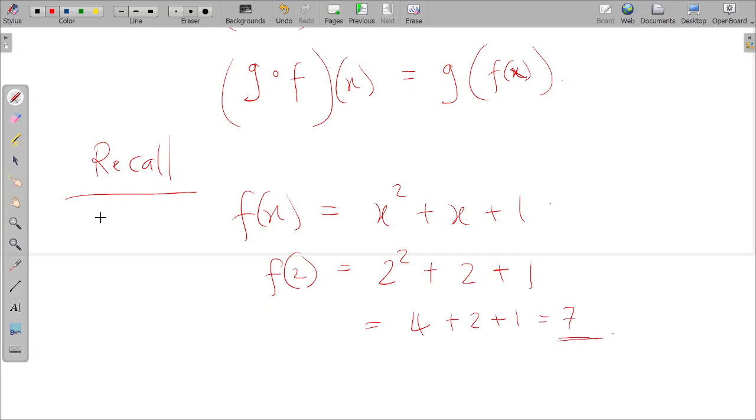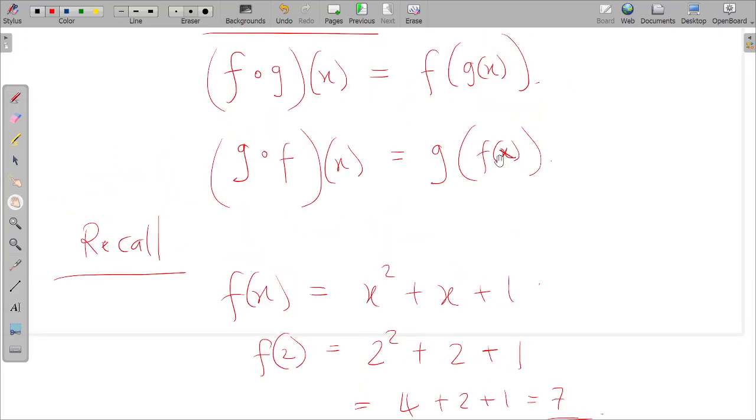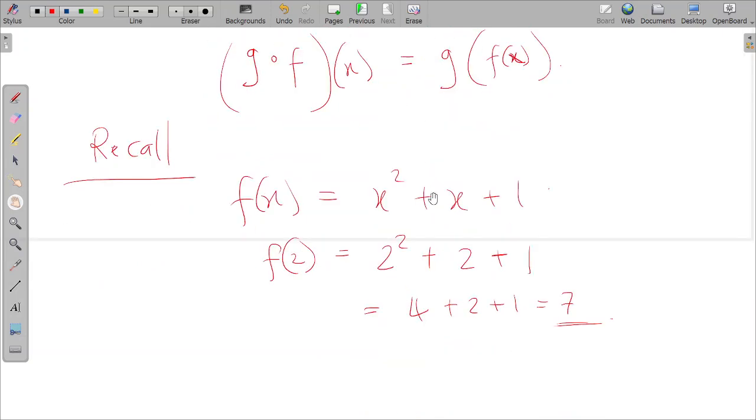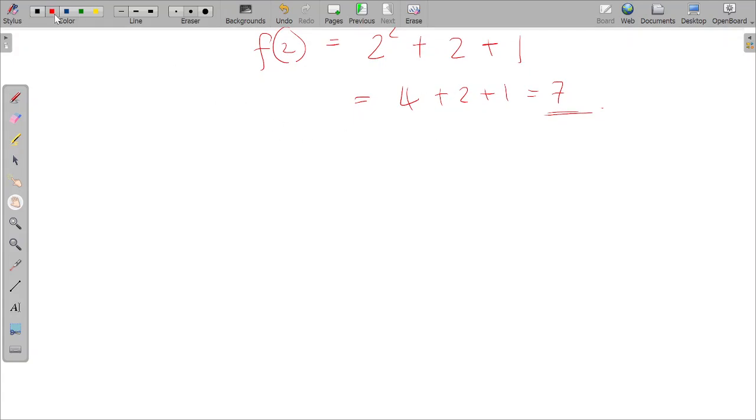Okay. So now when we write this way, it means we are putting the whole of g inside f. The whole of g inside f. I drew this diagram before. So we have x into a function we call g of x.